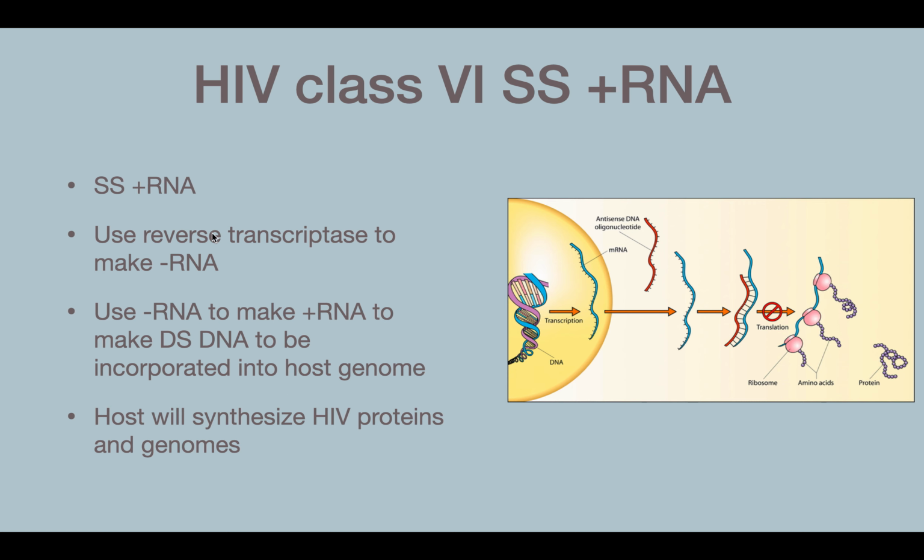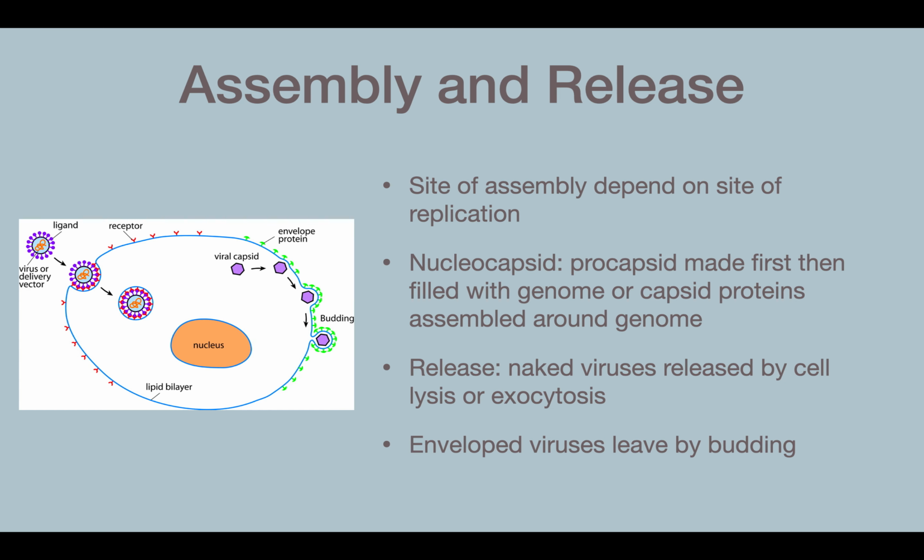So thanks to this reverse transcriptase, it's able to make a complement of its negative RNA, and then it goes into the host genome. The host genome does its own thing and synthesizes the HIV proteins and replicates the genome for the virus.